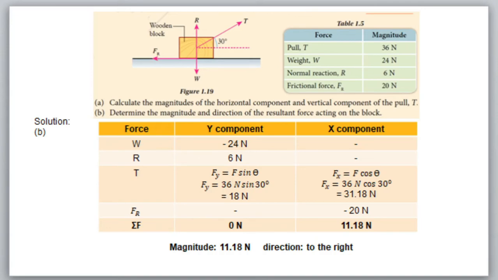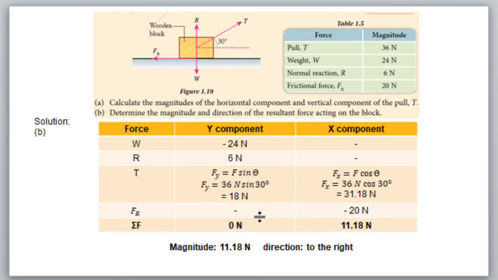We need to find the total force acting at the y component, which is negative 24 Newton plus 6 Newton plus 18 Newton. So the answer will be 0 Newton, and the x component is 31.18 Newton minus 20 Newton. So the total force acting at the x component is 11.18 Newton, and its direction is to the right.